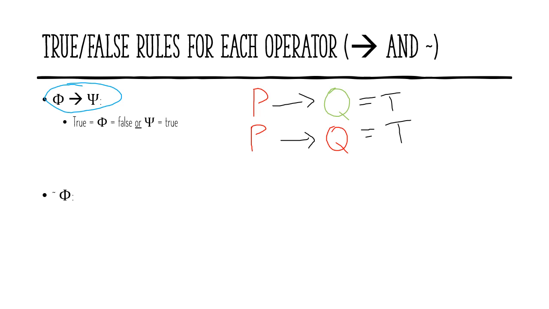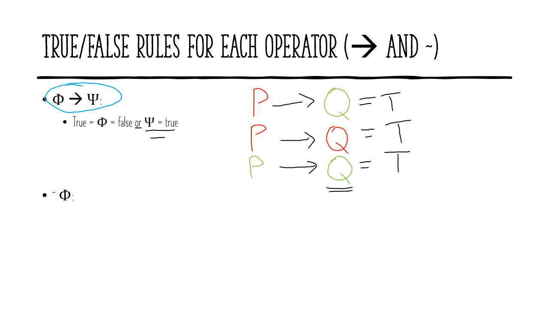The same is the case if the right side is true and the left side is true. Even though we're not meeting the phi condition for the truth rule, we're meeting the psi condition for the truth rule. Namely, we are seeing that the Q is true. So that makes the statement true.